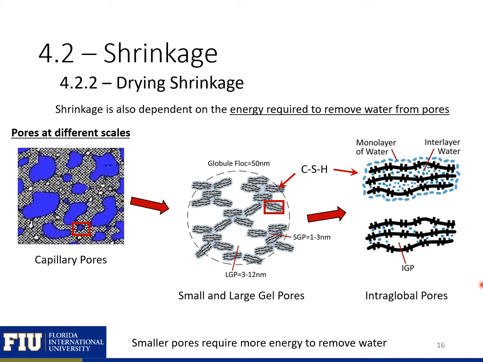So the smaller the pore, the more energy required to remove the water from the pore. So it's going to take more energy to move water from the intraglobular pore than it will from our small and large gel pores. So that means any water movement in these smaller pores is going to require more energy and cause a higher pore water stress, which will increase our shrinkage.